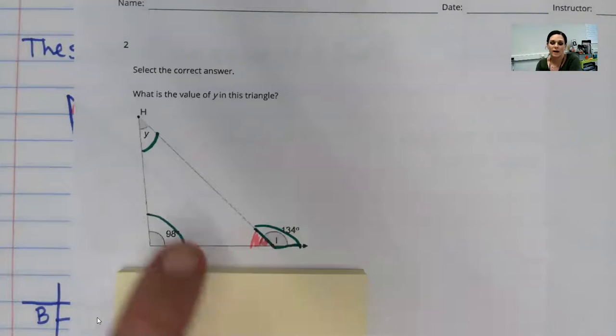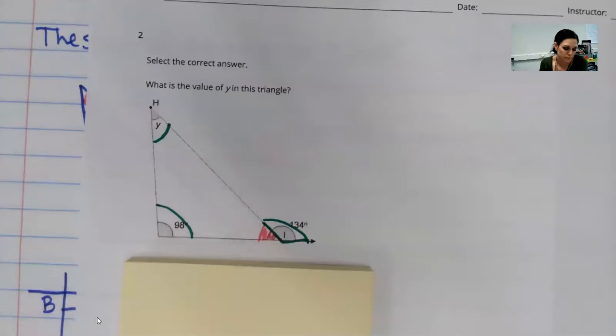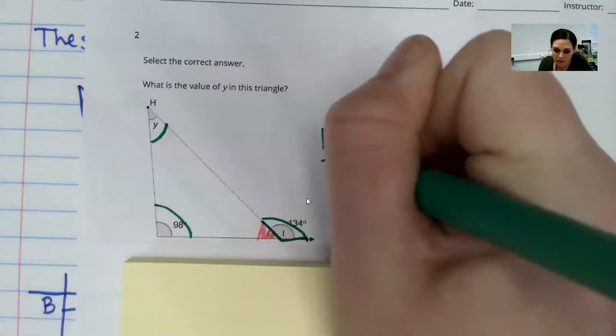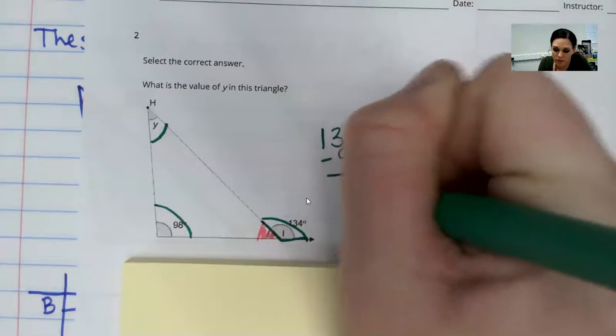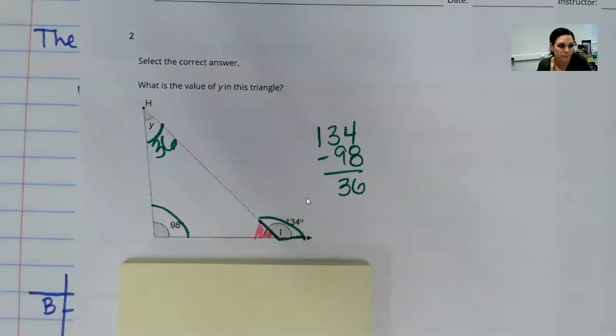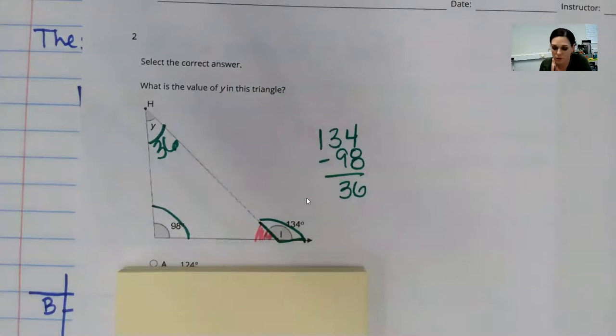So what is y's value? How much does he have to be? Nice job. Okay, this would have to be 36 because 134 minus the 98 equals 36. Because this pink spot has to make both parts of it true.